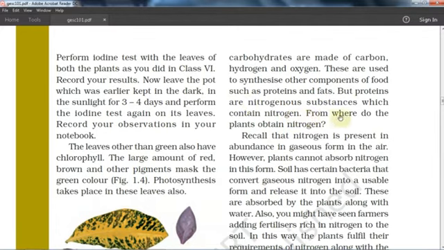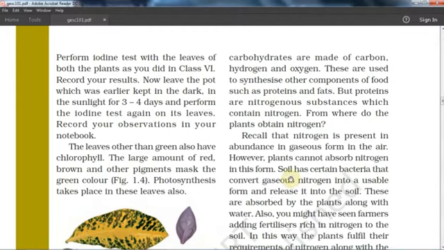So from where do the plants obtain nitrogen? Nitrogen is present in the air, but plants cannot absorb or use nitrogen in this form. So how does the plant get the nitrogen then?